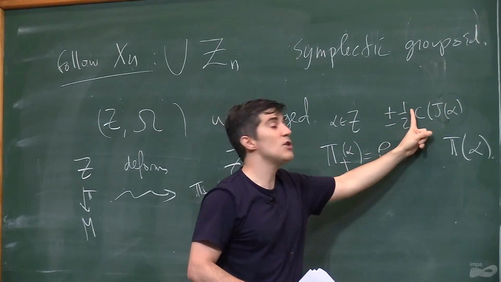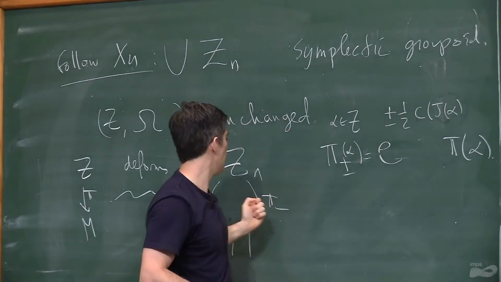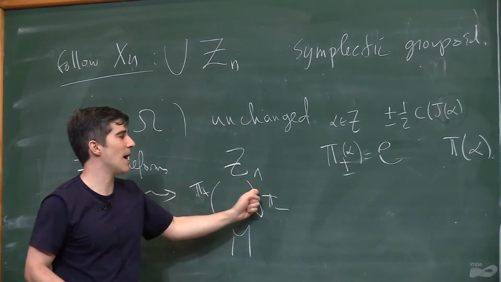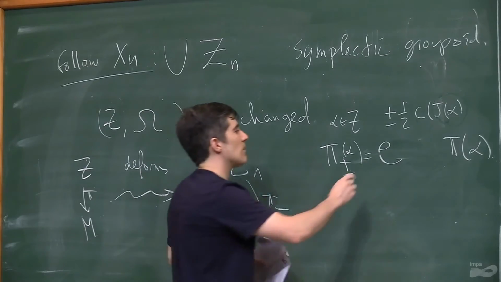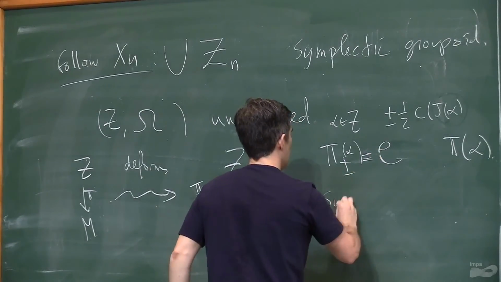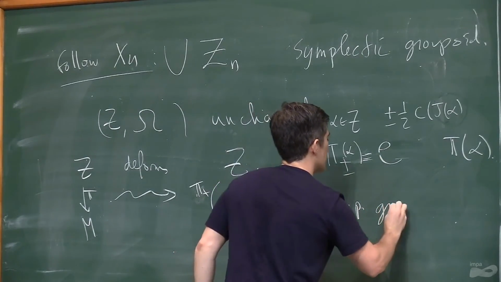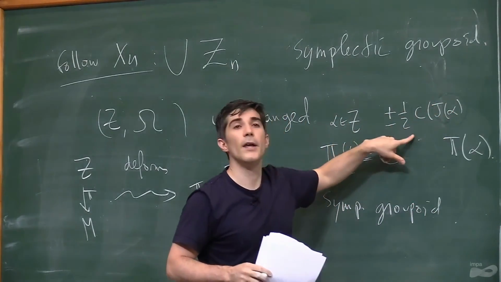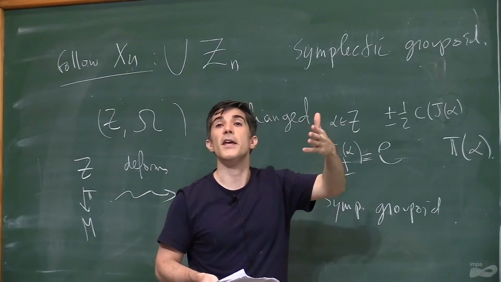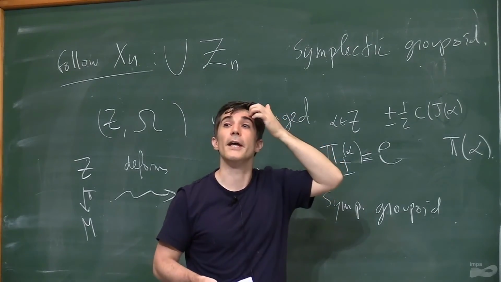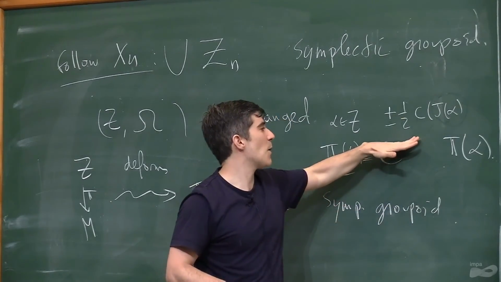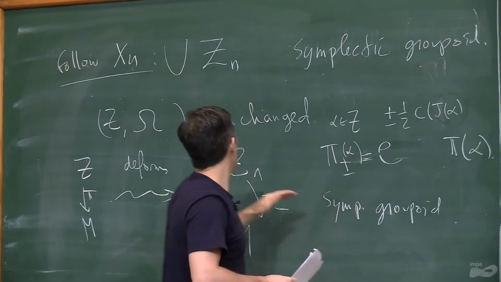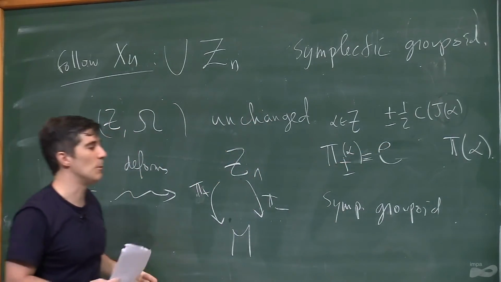Then we exponentiate that, plus for pi plus, and minus for pi minus. And this gives a symplectic groupoid structure. You could actually think that this flow is the result of doing the spray construction of Crainic and others for the symplectic groupoid. And this is still the symplectic groupoid.